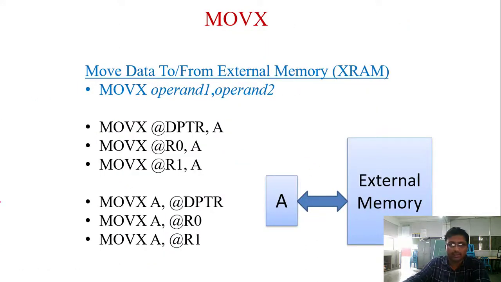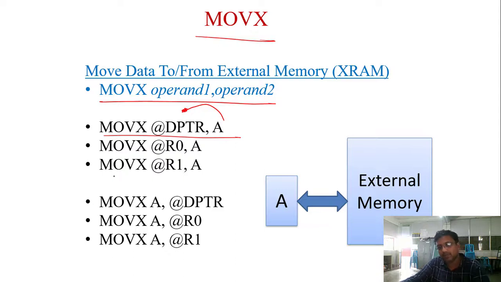Again, the next instruction is MOVX. MOVX is used for copying data from the external data memory. So MOVX operand 1, operand 2. I can use it like this: MOVX @DPTR, A. It copies the accumulator contents to the location pointed by the DPTR.